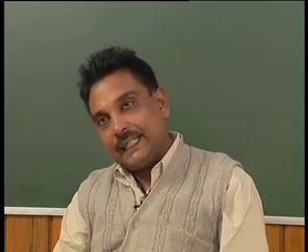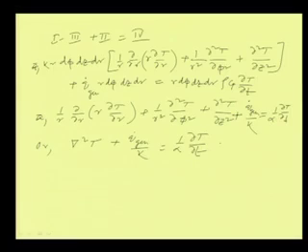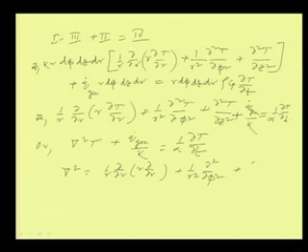Alpha is again the thermal diffusivity, k by rho Cp, and grad square is a differential operator in the cylindrical coordinate system, which is 1 by r ∂/∂r of r ∂/∂r plus 1 by r square ∂²/∂φ² plus ∂²/∂z².